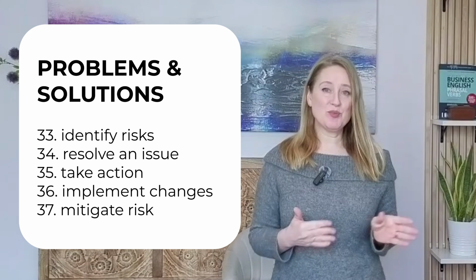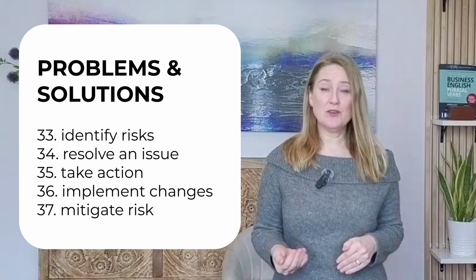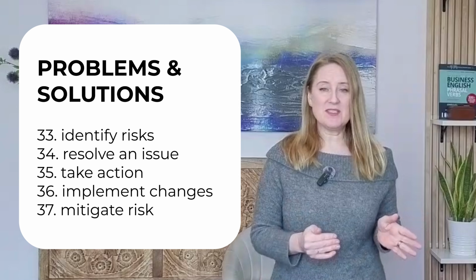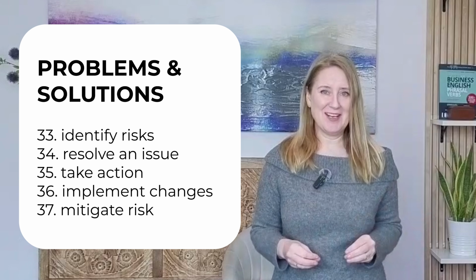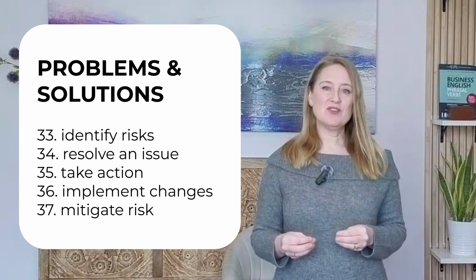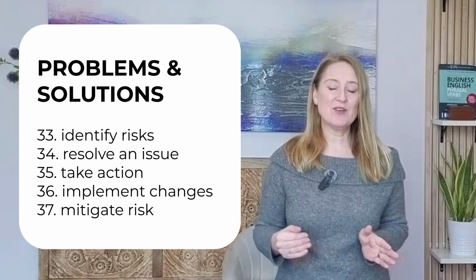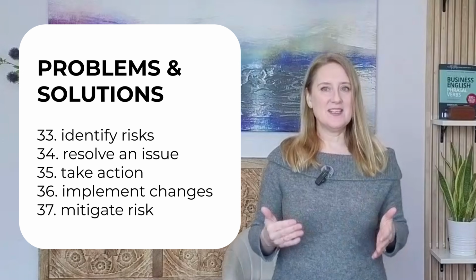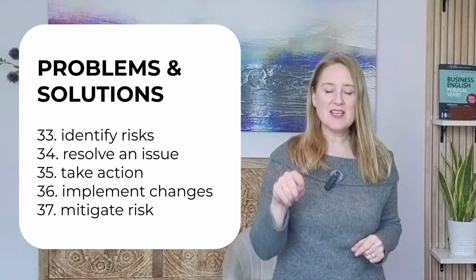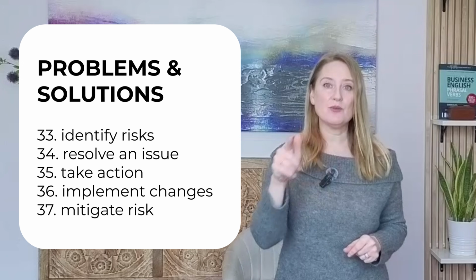Okay, next one here is problems and solutions. And you'll notice I don't use problem in any of these collocations. A problem is a negative word. We avoid using negative words in business English as much as possible. So problems and solutions. First one is identify risks. So identify means you go, oh, that's a risk. You clearly see and understand and notice a risk involved.